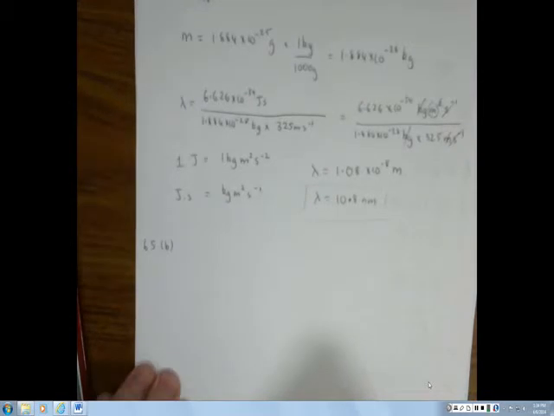65B. And in this case, it is an electron moving at 4.05 by 10 to the 6 meters per second that we have to figure out the wavelength for.